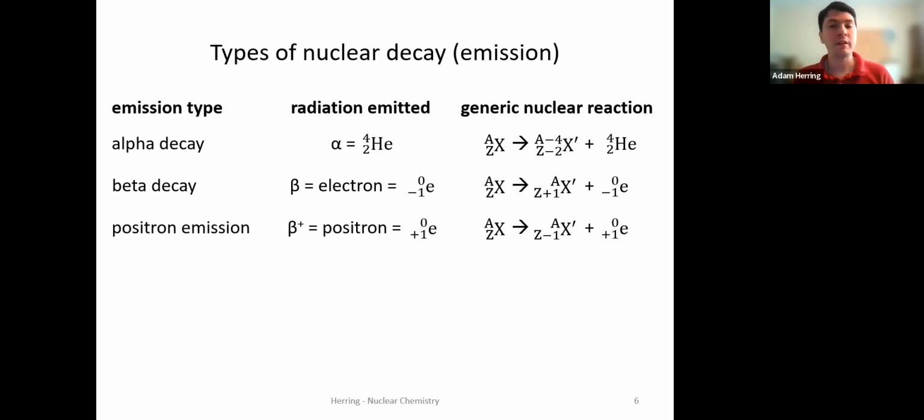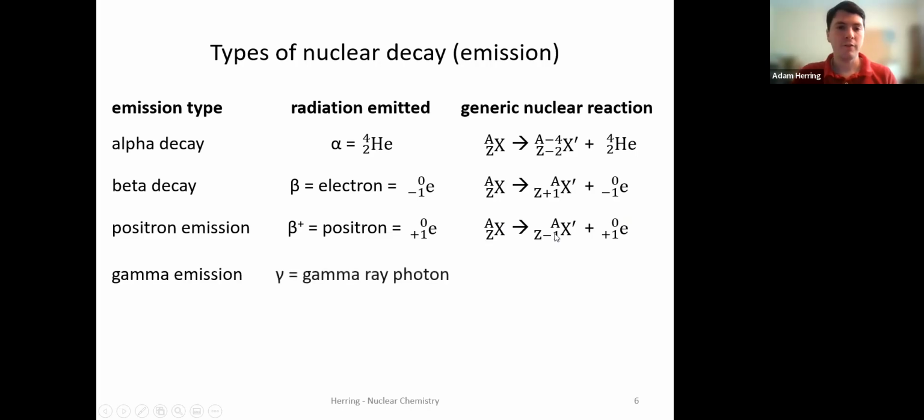That is, because we're releasing a positively charged particle, we're converting a proton in the nucleus of the atom into a neutron, and that lowers its proton number. Finally, we have gamma emission. And this is where we emit a gamma ray photon, which is pure energy. And so it doesn't change the mass of the atom in any way, including the number of protons.